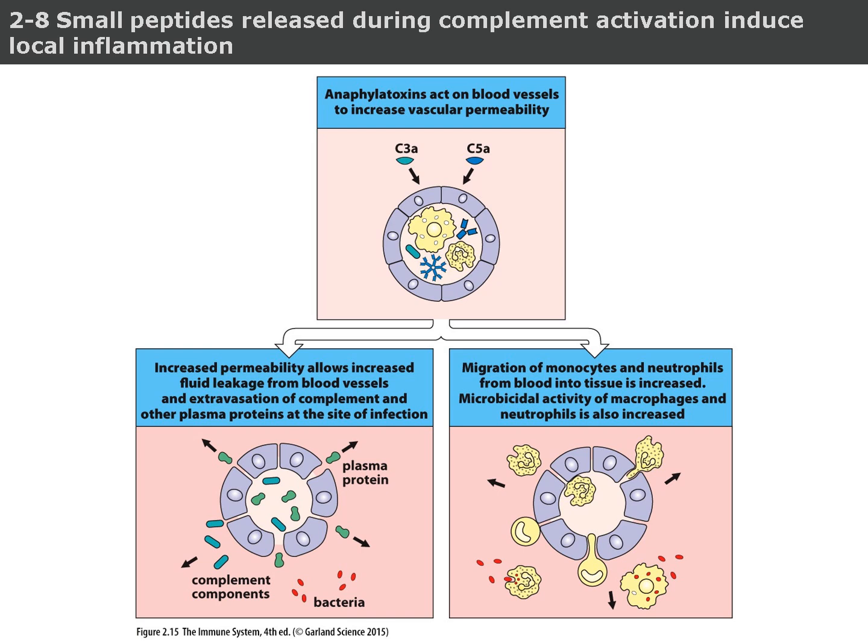These molecules act on nearby blood vessels, triggering them to become more permeable. As vascular permeability increases, it allows fluids and important proteins from the blood, such as complement components and other plasma proteins, to leak into the surrounding infected tissue.